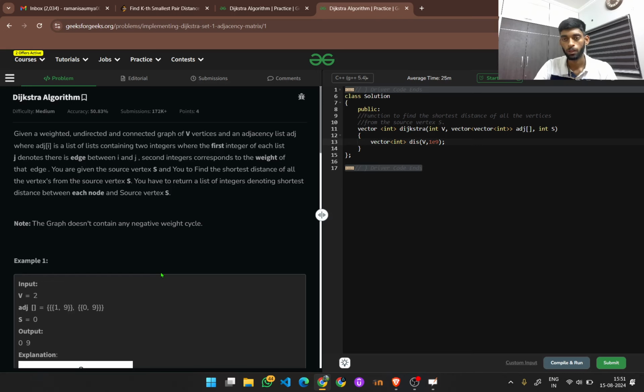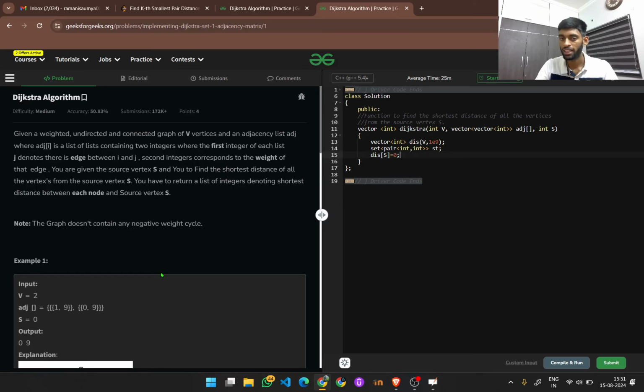Okay, now we will have a set data structure in which we will be storing a pair of integers, named st. As I told you, the distance of the source node we will assign initially to 0.